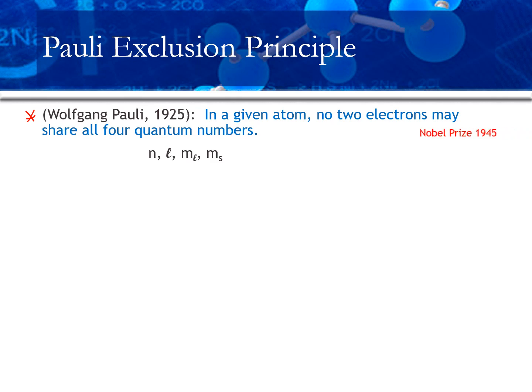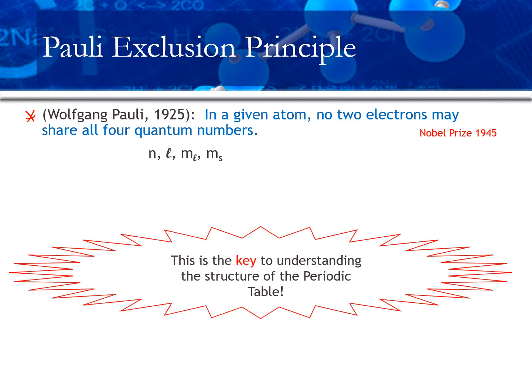Pauli won a Nobel Prize for this in 1945. Again, this is the whole basis for the structure of the periodic table, something that is hard to overemphasize because the periodic table is so important to our understanding of chemistry, and it all comes down to the Pauli exclusion principle, and I'm going to show you how that works in a later talk.